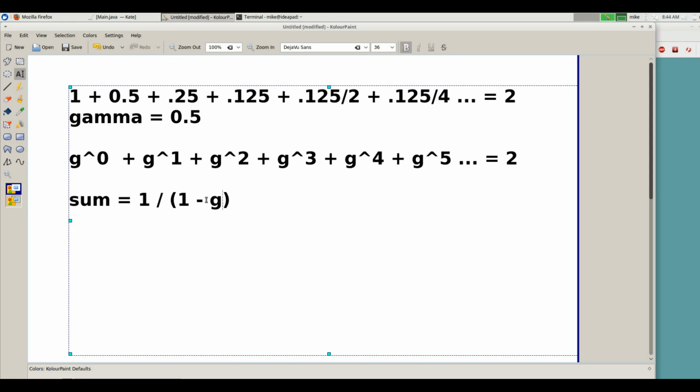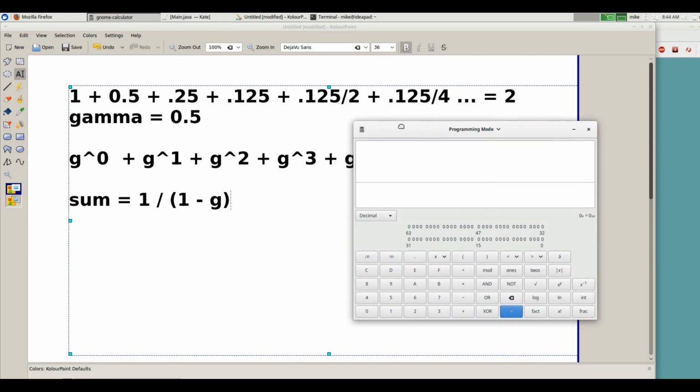Let's see if that works in general. If gamma is 0.5, this denominator is 0.5, so the whole thing comes out to 2. So that's correct, right? What if gamma is, say, 0.333? 1 over 1 minus 0.333 is 1.5, right?